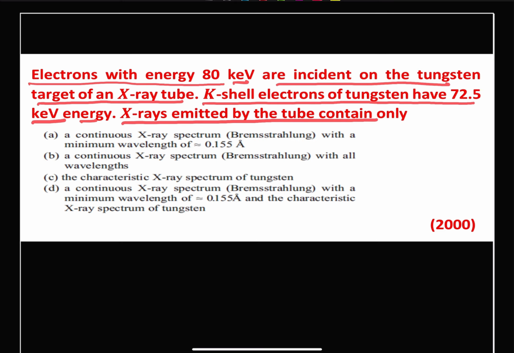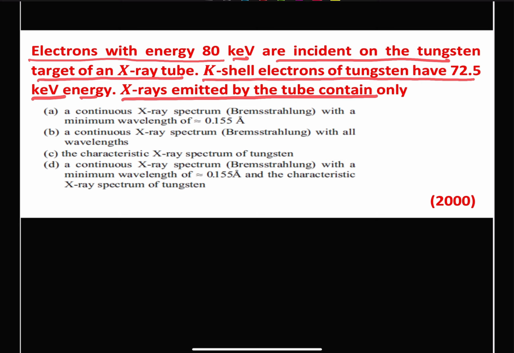So here we are given that the energy of the electron is given. So we can say electron energy is 80 kilo electron volt, and we are also given that the K shell electrons have energy of 72.5 kilo electron volt.